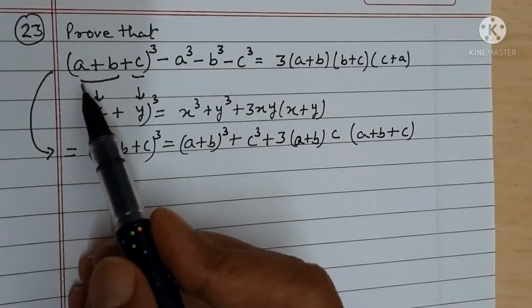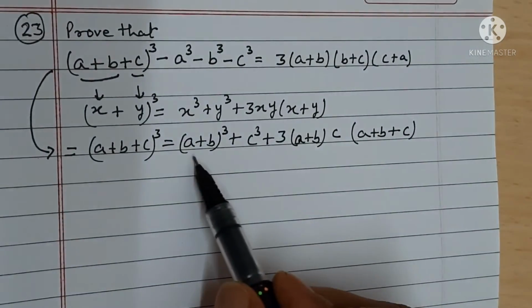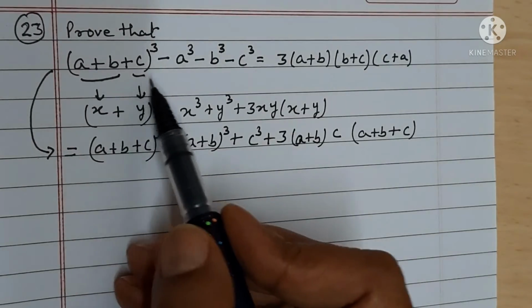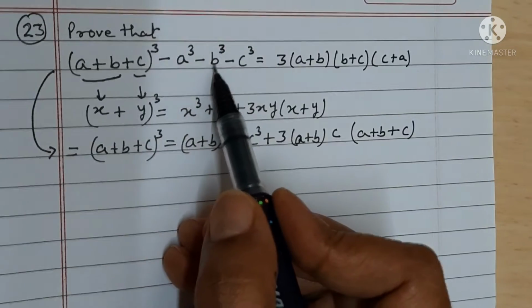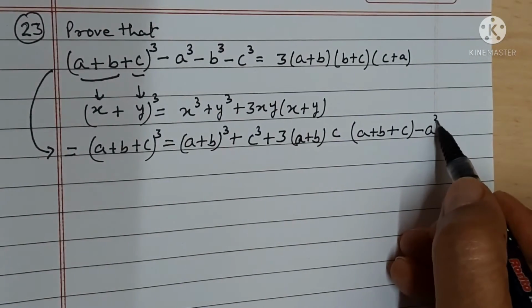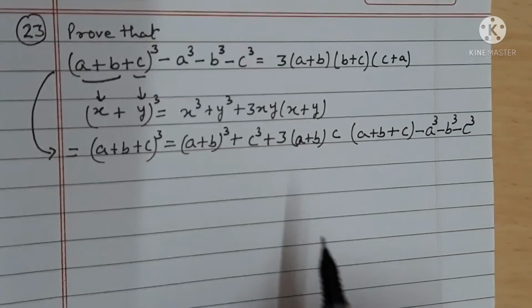So the value of this whole cube will be this, and this is minus a cube minus b cube minus c cube.